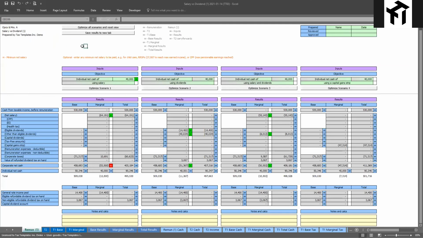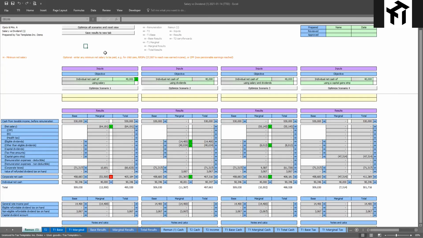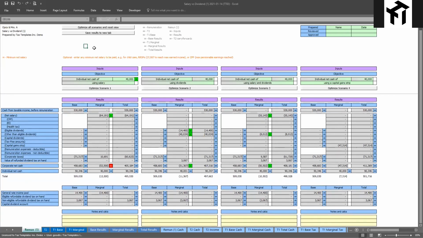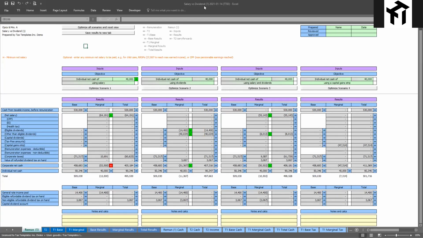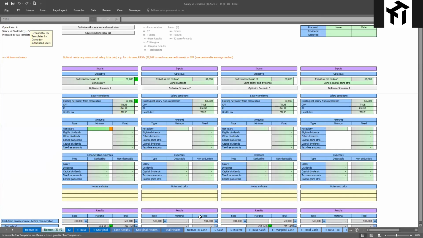Okay, so the last feature that I'll share with you, and then I'll open it up to Q&A, is that we do have this button at the very top, which is called Save Results to New Tab. And you'll see this in the Salary versus Dividend 1 worksheet, along with the Salary versus Dividend 8 worksheet. What it will do, if you click it, is take a screenshot of this specific tab.